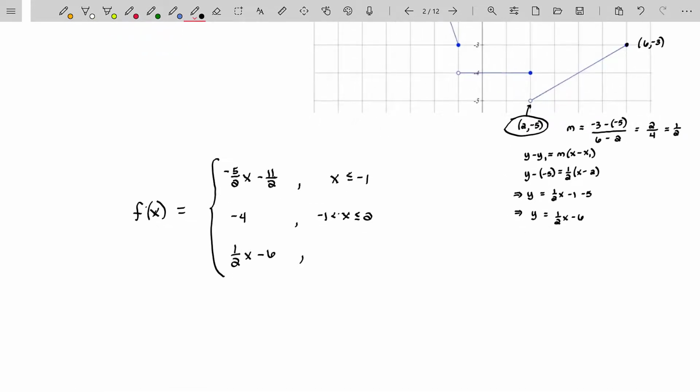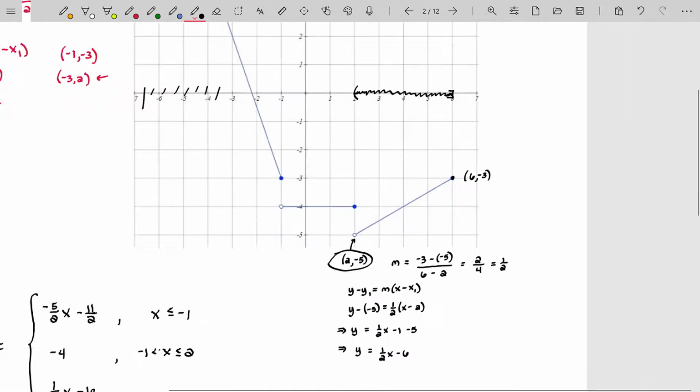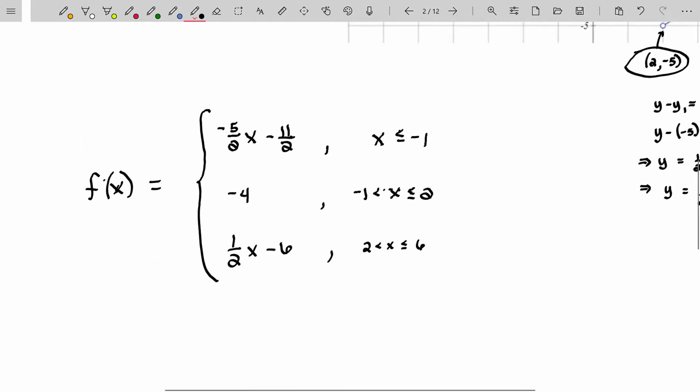Of course, there is a restriction on the domain here. The domain of this specific piece is all x values starting at but not including 2 and climbing all the way up to and including x equals 6. So let's go ahead and write that down. Now that we have that, that is the complete piecewise defined function.